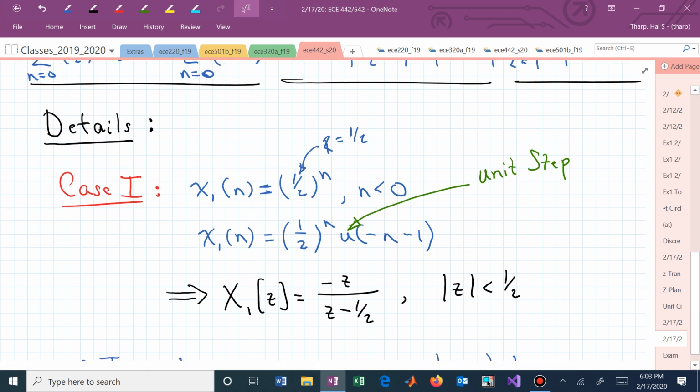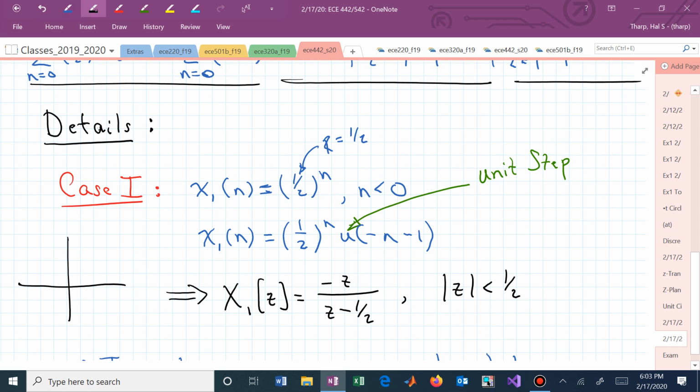What can you tell me if I now drew this particular sequence and its pole zero diagram relative to the region of convergence? How would I draw the region of convergence here? What would it look like? Or where are my poles and zeros?